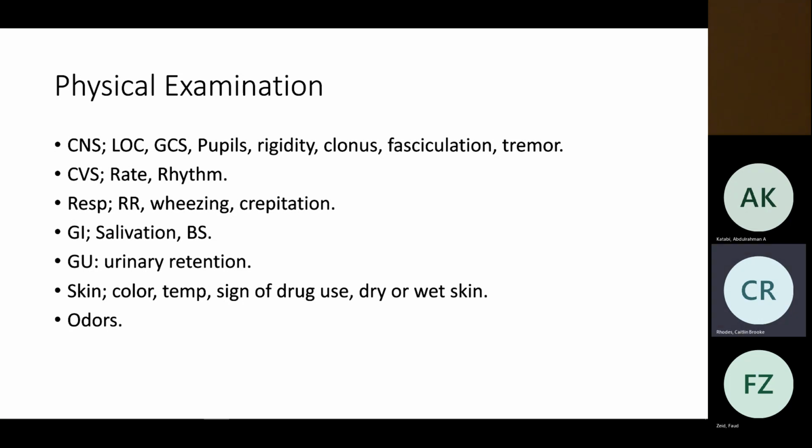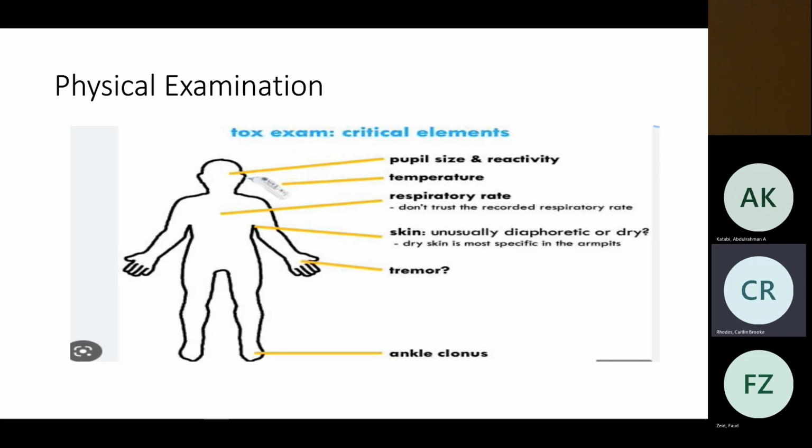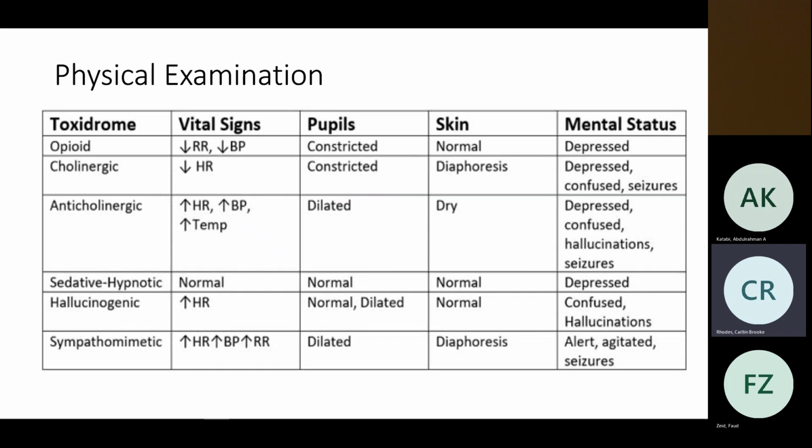GI: salivation is important, bowel sounds are important, and urinary retention, as you see in anticholinergic. Skin color, temperature, any sign of drug use, and dry or wet skin can give you some clue. Sometimes the odors, that's another thing. This is just the physical exam, as I mentioned: pupil size, temperature, respiratory rate, skin, tremor, any clonus. So this gives you some clue here.